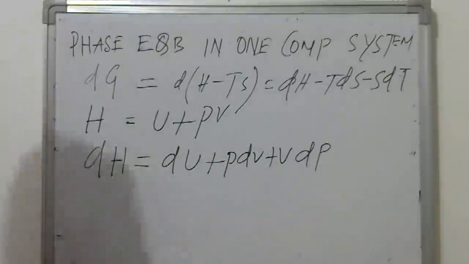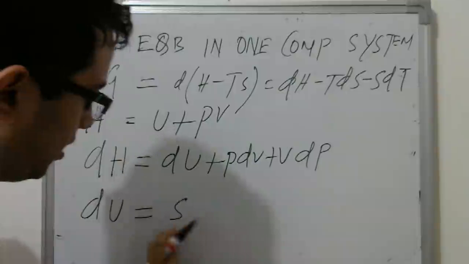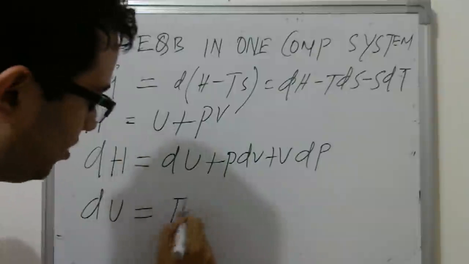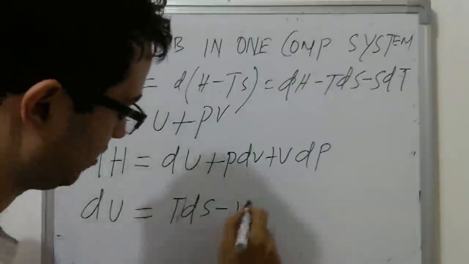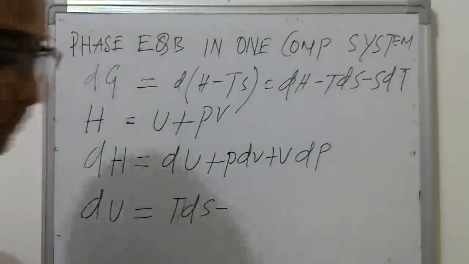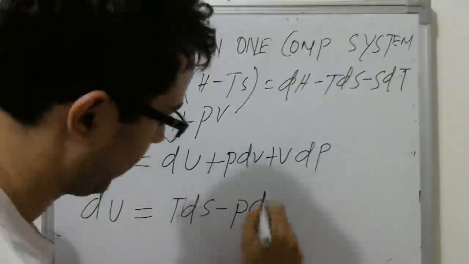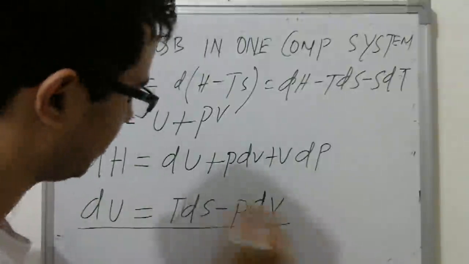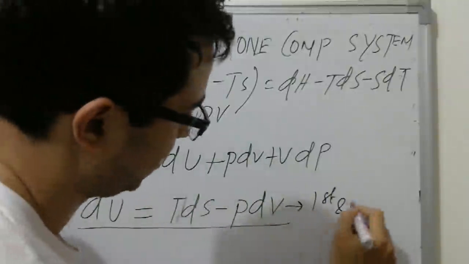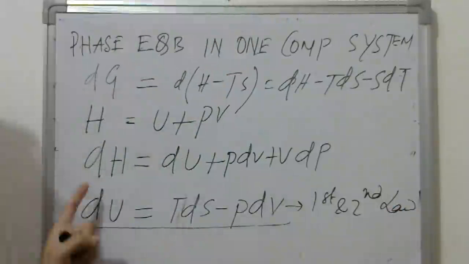Now dU, what is dU? From the second law of thermodynamics, it is T dS minus P dV. This is a combined statement of the first and second law. So dU is T dS minus P dV.